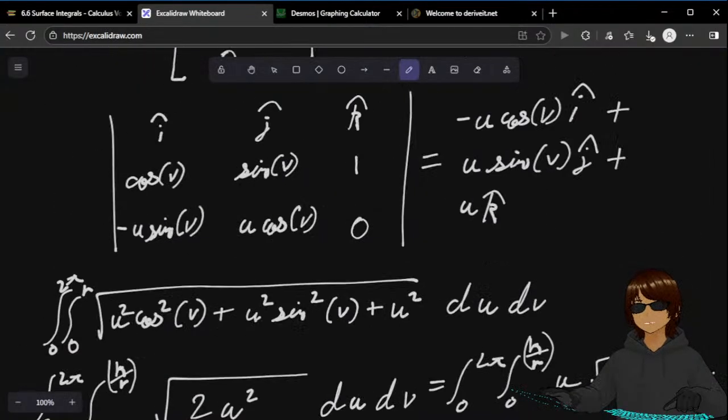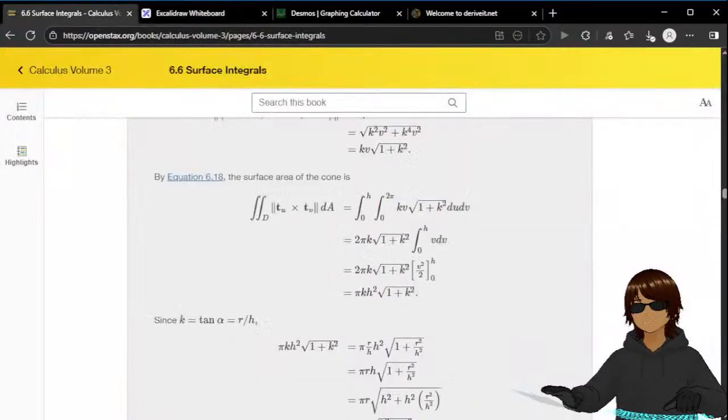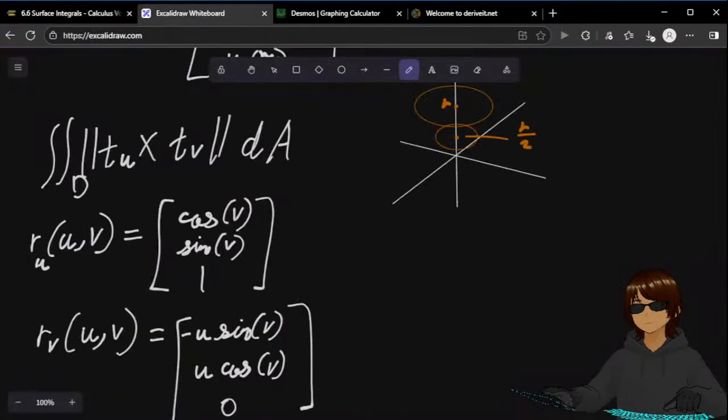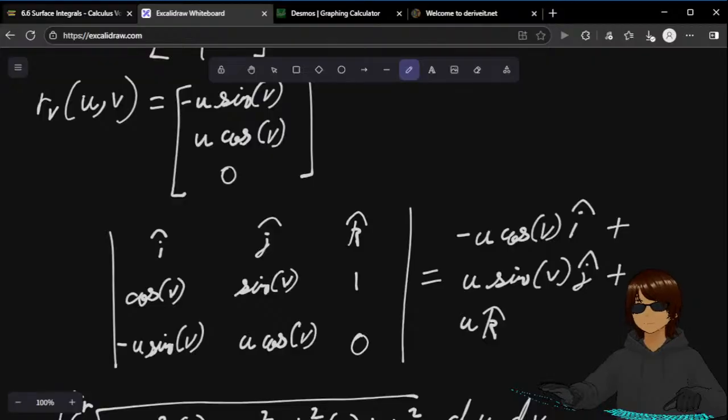I don't know what I'm getting. Where am I getting it wrong? Let's see what they're doing.